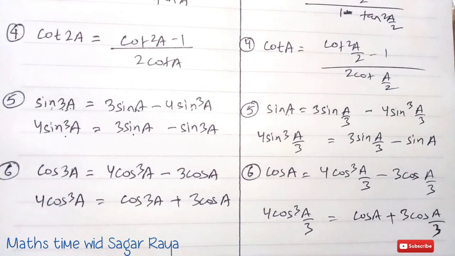So these formulas are very important, and without these formulas it is very difficult to prove or solve the questions of trigonometry. So memorize these formulas and apply some tricks so that you can easily memorize them.